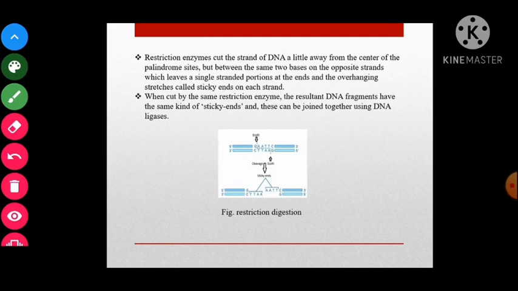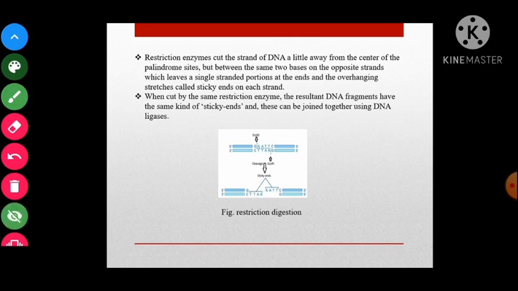Now type 2 restriction enzyme cuts the DNA segment. Type 2 restriction enzyme makes two types of cut. First one is the blunt end cut and second one is the staggered or sticky end cut. When we talk about the blunt end cut, it is something like that.